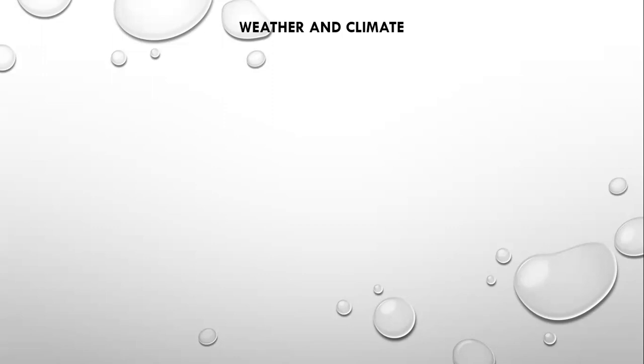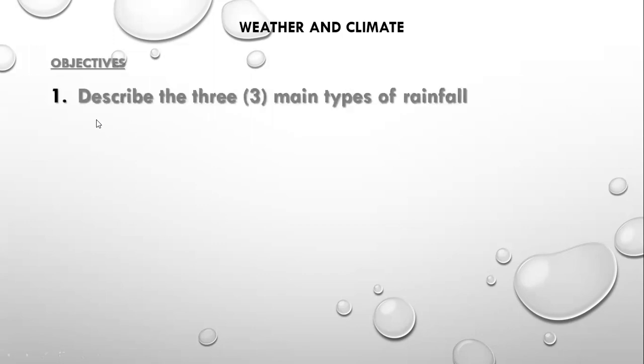So we are looking at weather and climate as our topic, but today I want us to specifically achieve these objectives. Among the objectives that I want us to achieve is to describe the three main types of rainfall.